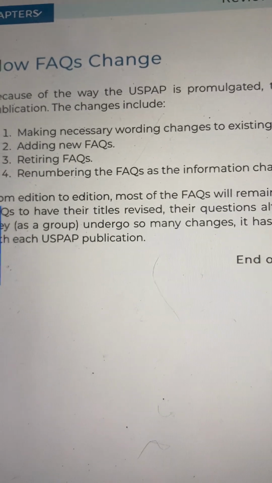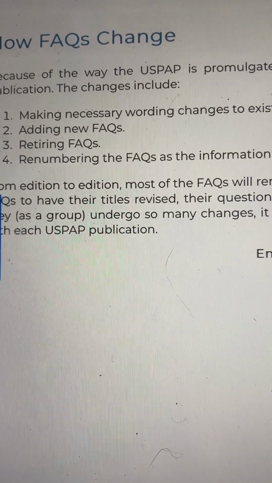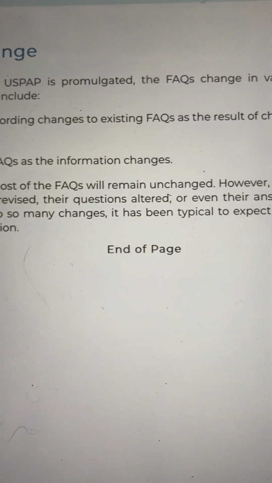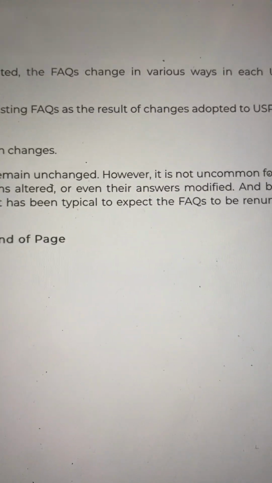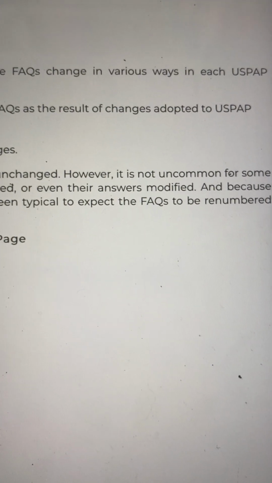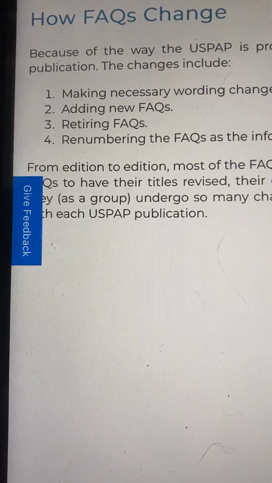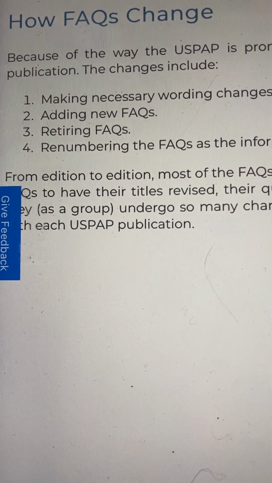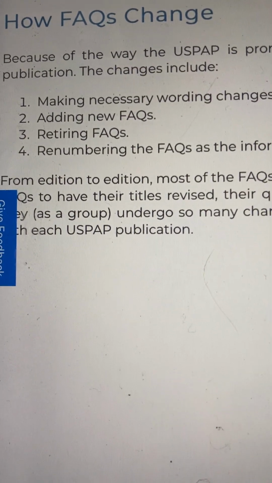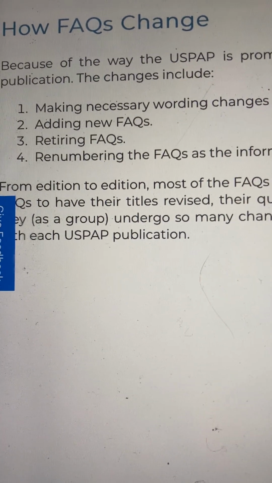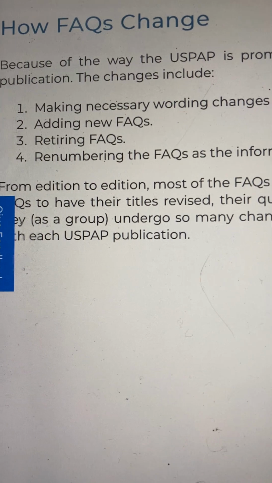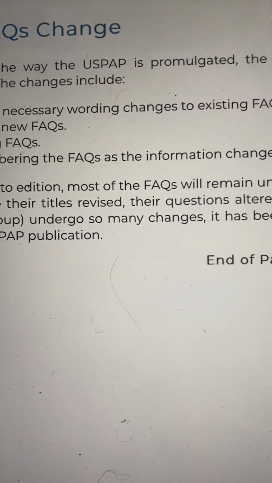The changes include, number 1, making necessary wording changes to existing FAQs as the result of changes adopted to USPAP. Number 2, adding new FAQs. Number 3, retiring FAQs. Number 4, renumbering the FAQs as the information changes.